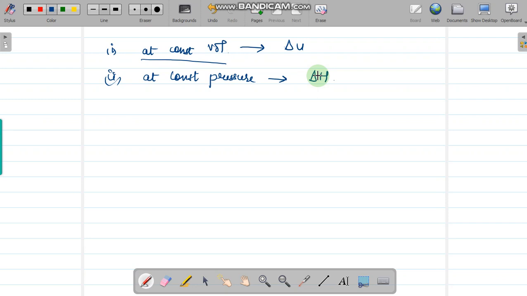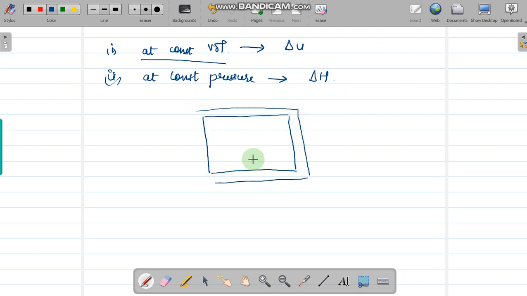Now, we can have three types of the calorimeter. One is a simple calorimeter, or you can say water calorimeter. How does it look? Like this. Somewhat it is.